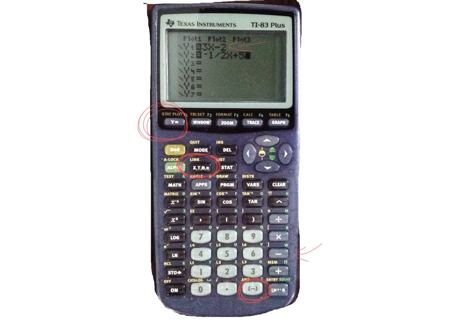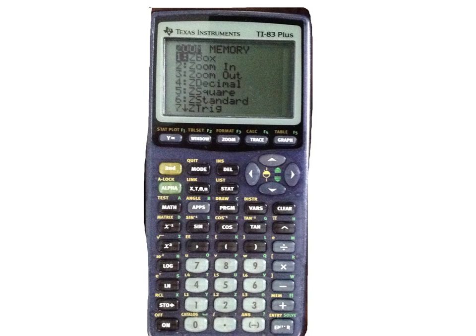So the little negative at the bottom is for negative numbers, and to do a fraction, to do 1/2, you use the divide button. So it's negative 1 divided by 2x plus 5. Then we want to graph. And we want to make sure we have our standard window.